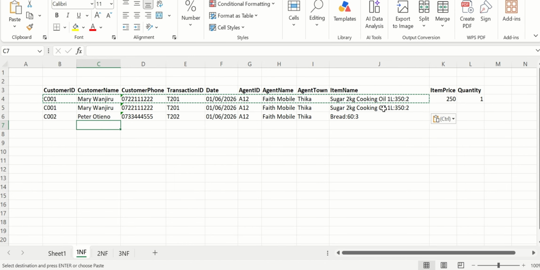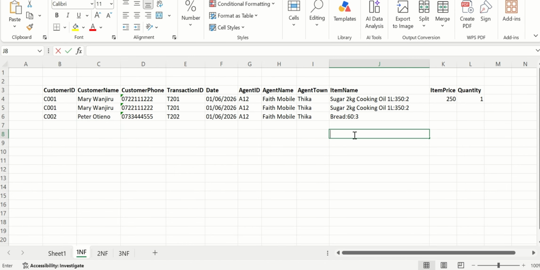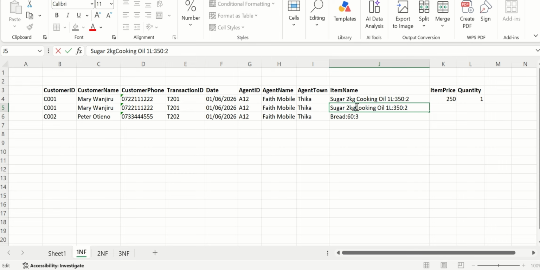Here we will only leave the cooking oil. So remove this sugar 2 kg. The unit price of cooking oil is 350, and quantity is 2. So remove this 350. Also remove this, we only remain with the sugar.